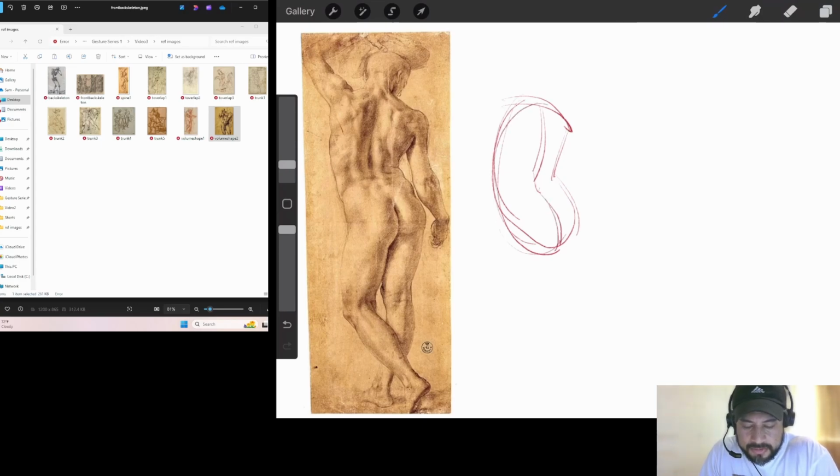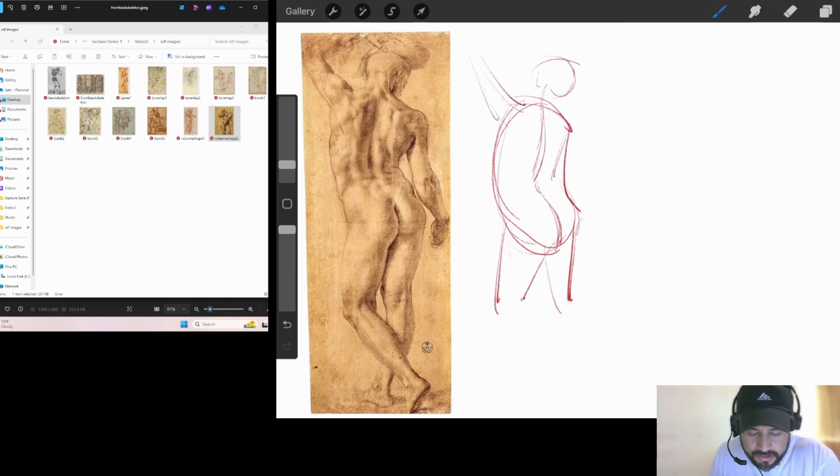And the back has its own landmarks, as we just saw. And I'm going to try and interpret this figure gesturally. It's going like that. Legs coming out, another leg there, one arm going up, and this one going down.